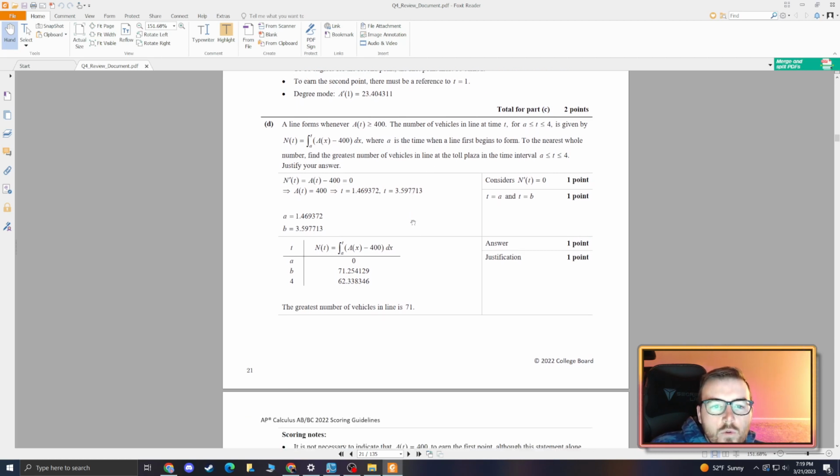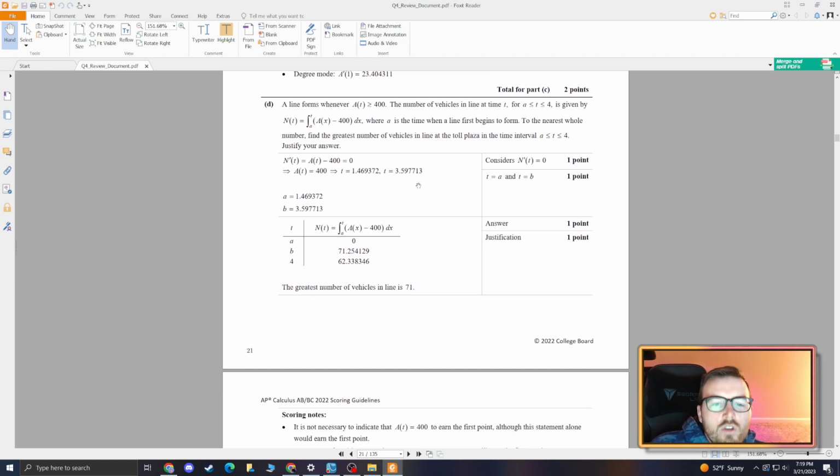To the nearest whole number, find the greatest number of vehicles in line at the toll plaza in the time interval. So the greatest number of vehicles is them asking for an absolute max. We need a maximum.